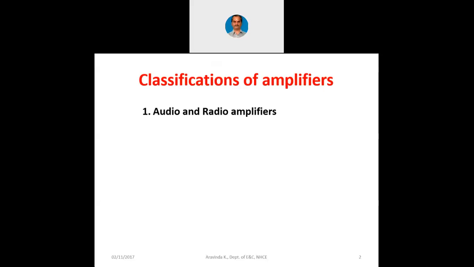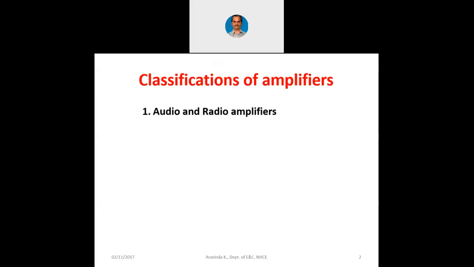That means the transistor should not have parasitics there. In the third module, we had seen how the transistor's internal capacitance is going to affect the bandwidth. Now think about radio amplifier, where the amplifier is to work in the gigahertz range, and we should have that bandwidth also. That is the challenge.